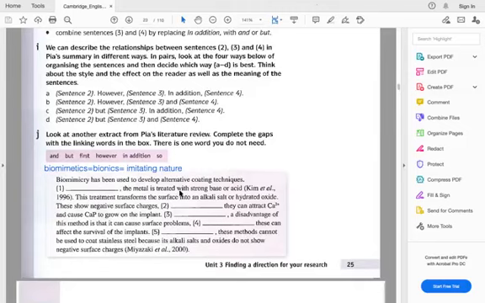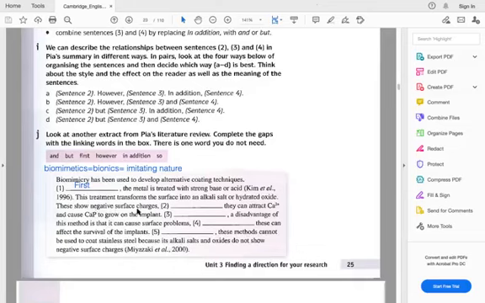GAP, the metal is treated with strong base or acid. So here the first word will be first. This treatment transforms the surface into an alkali salt or hydrated oxide.